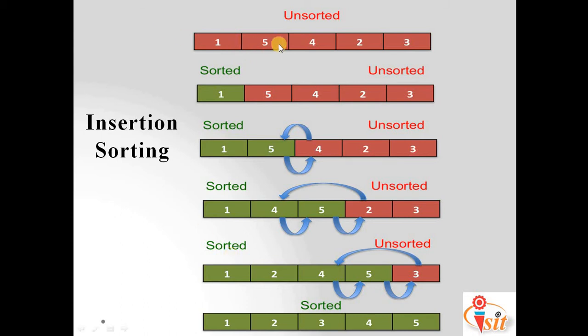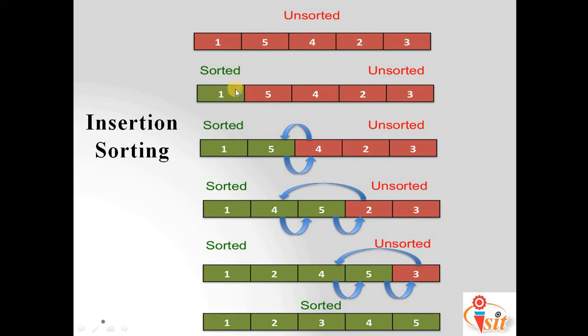So consider here 1, 5, 4, 2 and 3. All the elements are in unsorted order and we need to sort these elements in ascending order by using the concept of insertion sort. First we will consider all the elements are in unsorted order.